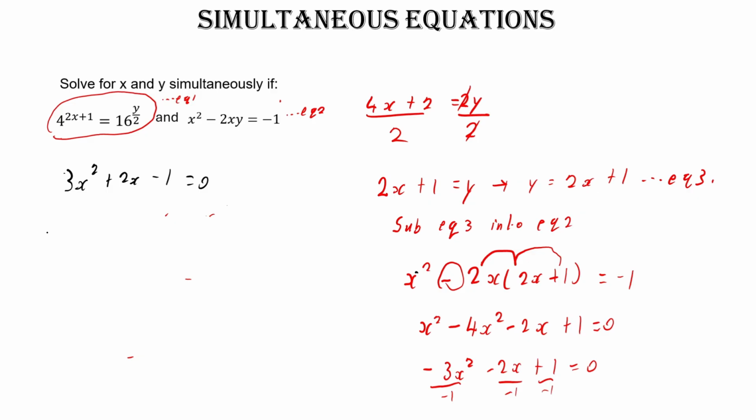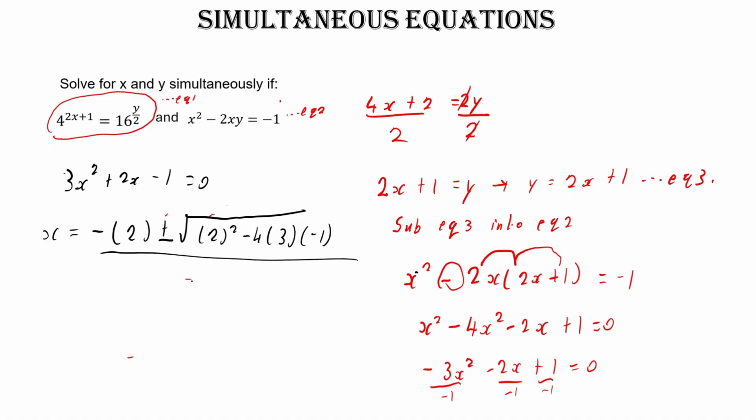Then you can use the quadratic formula. x is equal to minus 2 plus minus the square root of 2 all squared minus 4 into 3 and negative 1, all over 2 times 3. When you simplify this, you get x is equal to 1 over 3, or x is equal to negative 1. And those are your two x answers.